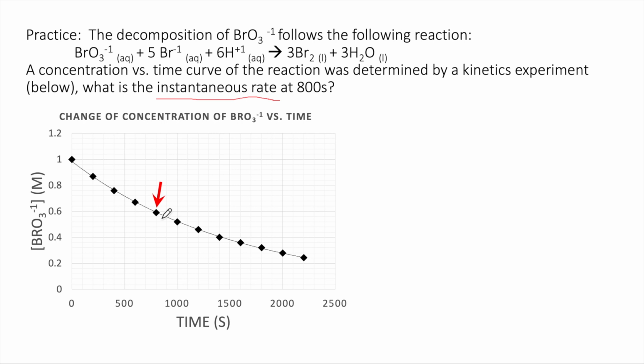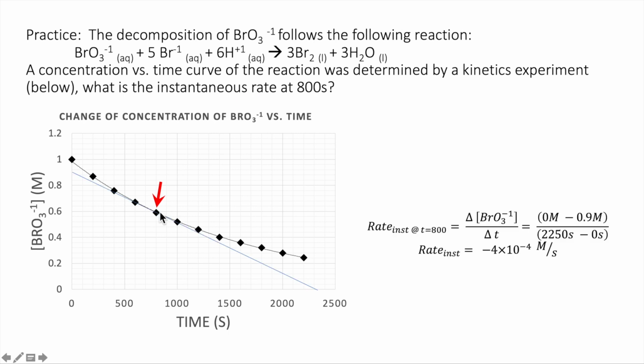All right, hopefully you did well on that one. Let's take a look at the answer. You have to draw a line that runs tangent to the curve at this point.